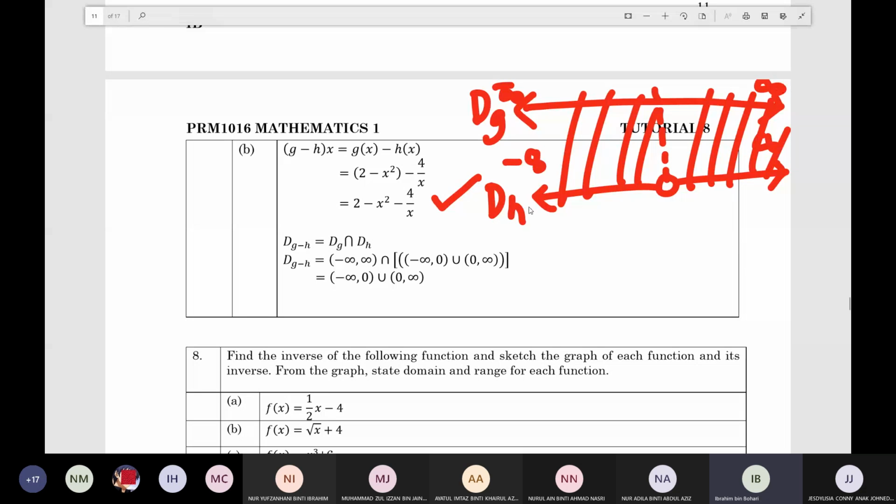Okay, so domain of the quadratic function is all the real numbers, negative infinity to the positive infinity. And the domain of the rational function is all the real numbers except x equal to 0.